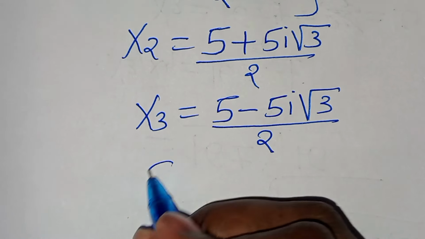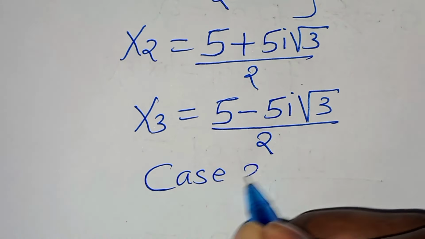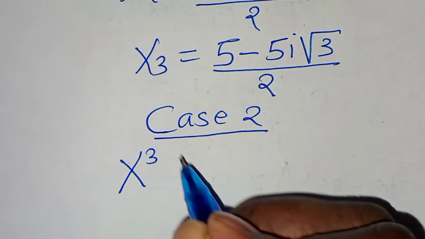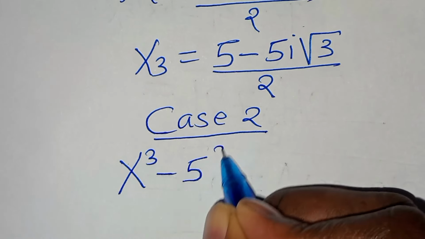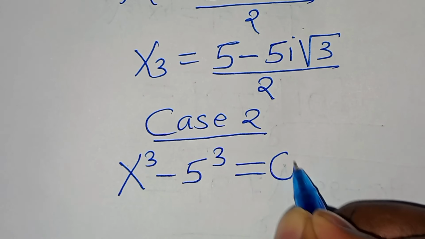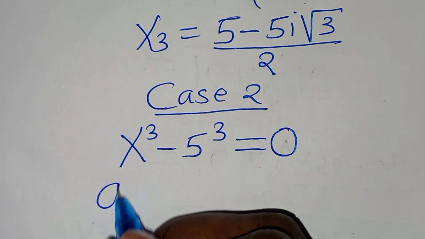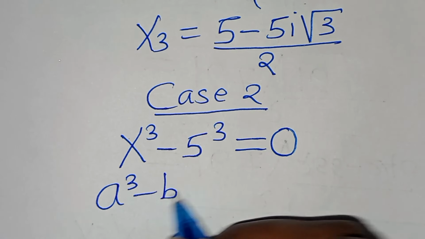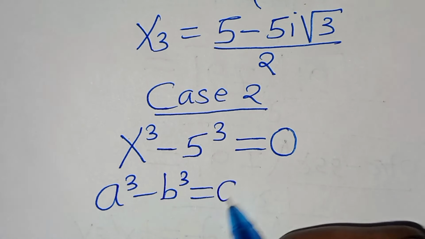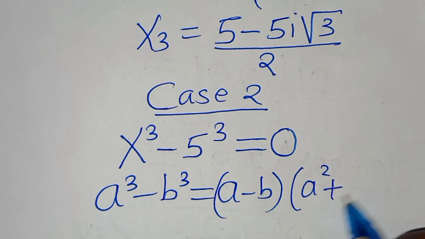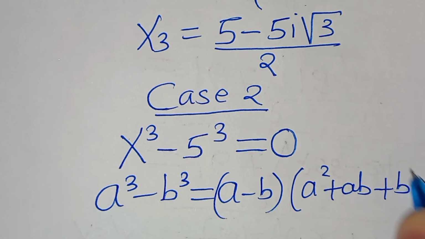Now, let's proceed to case 2 from here. In case 2, we have x to the power of 3 subtract 5 to the power of 3, and this is equal to 0. This equation is of the form a to the power of 3 minus b to the power of 3, which we can express as a minus b, a squared plus ab plus b squared.